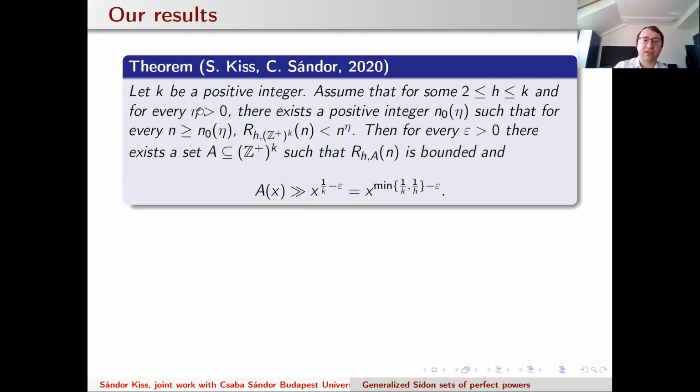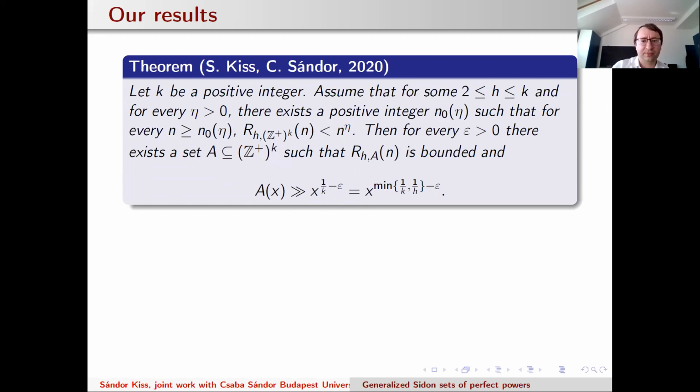In particular, if k is a positive integer and h is between 2 and k, and for every positive eta, there is a positive integer such that for every large enough n, the number of representations of n as the sum of h distinct positive k-th powers is less than n to the power of eta, then for every positive epsilon, there is a weak BhG set formed by positive k-th powers which is as dense as possible.